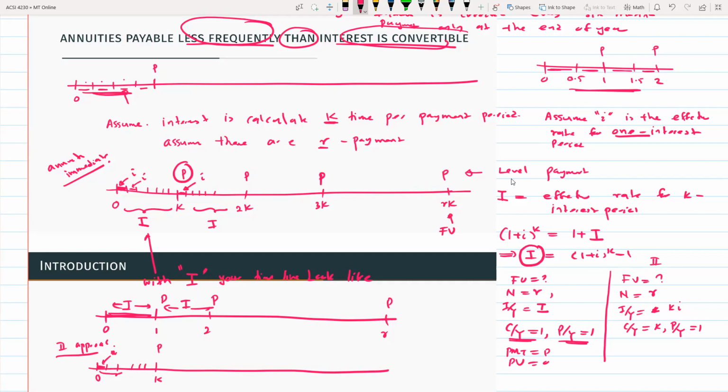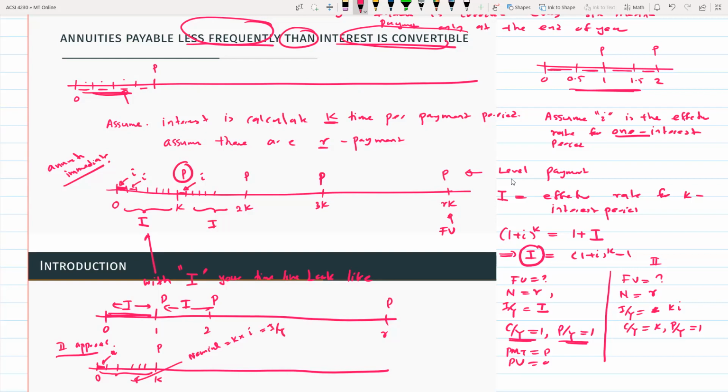For this one, the nominal rate is what? Not effective. Effective is capital I. But nominal is how many interest periods you have, K, times the rate per small period, which is i.